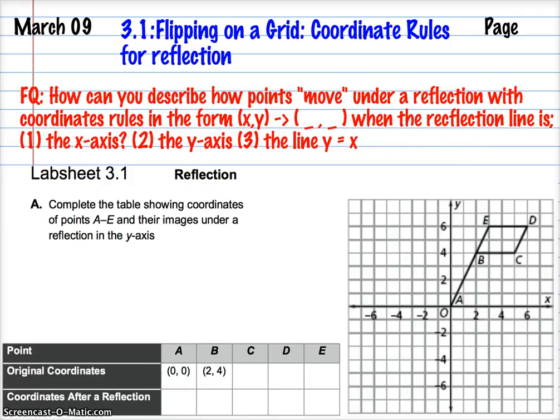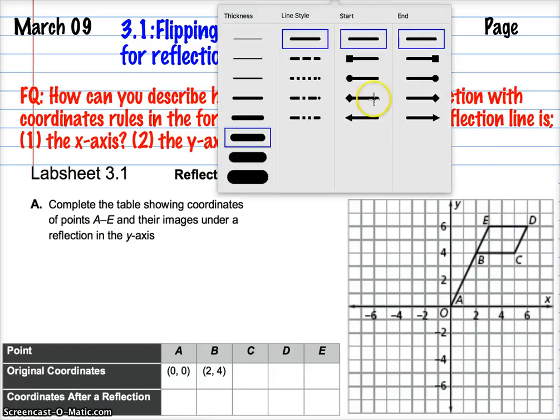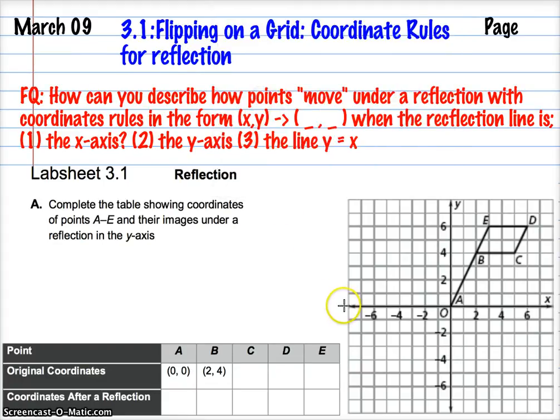So the first line will be when the line of reflection is our x-axis. So the first line of reflection we'll look at is this one. This is a pretty standard line of reflection, okay? The second line we're looking at is the y-axis. That's this one, okay?